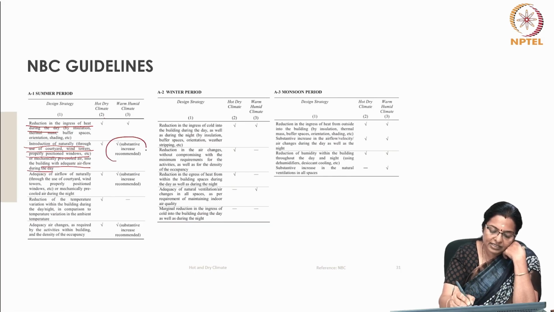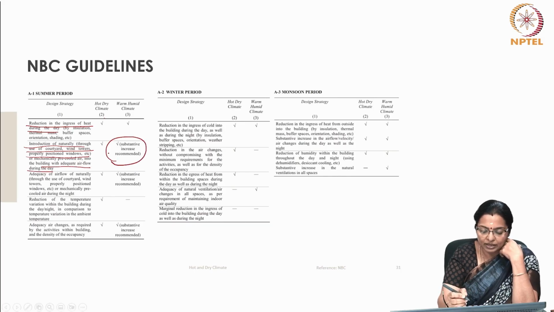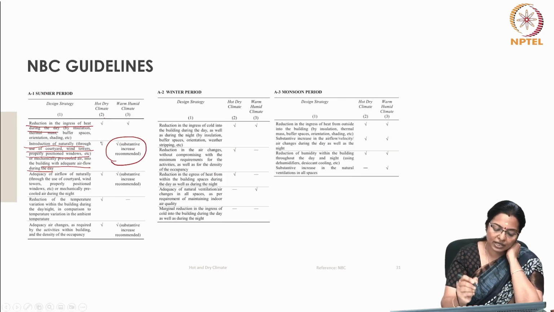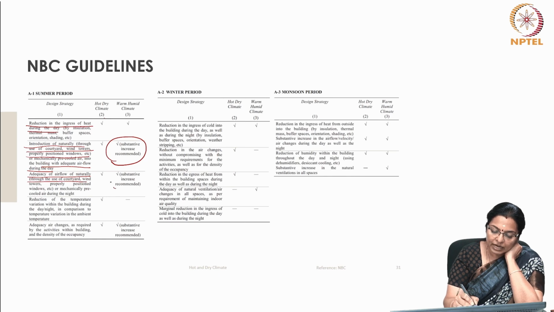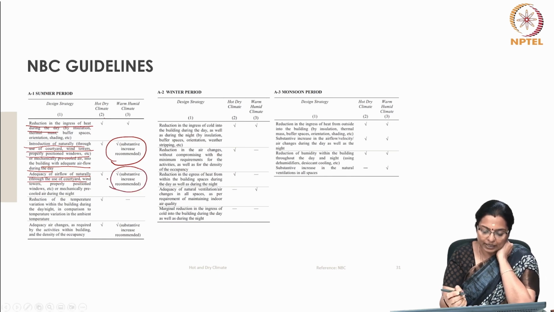Substantial increase is recommended in warm and humid, whereas in hot dry it should be minimal. Adequacy of airflow through use of courtyards. In warm and humid it should be substantive.